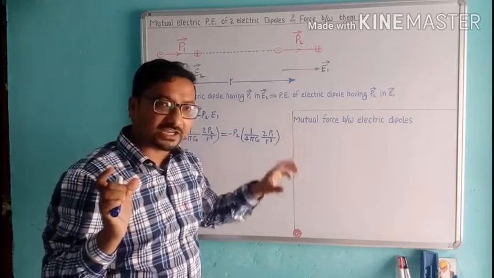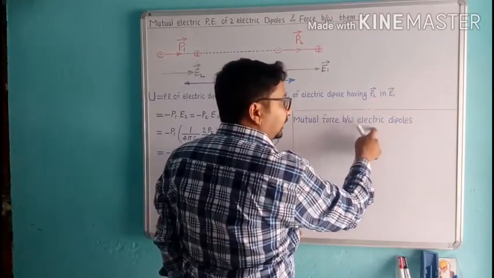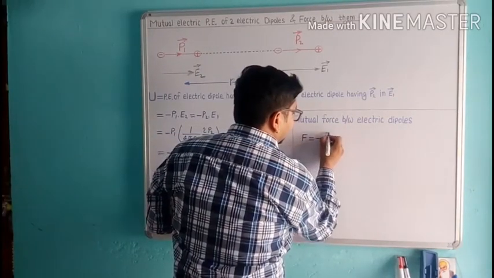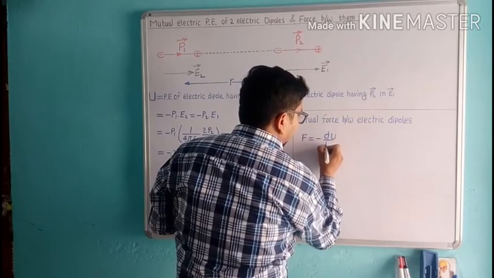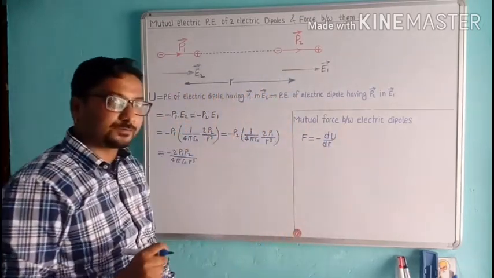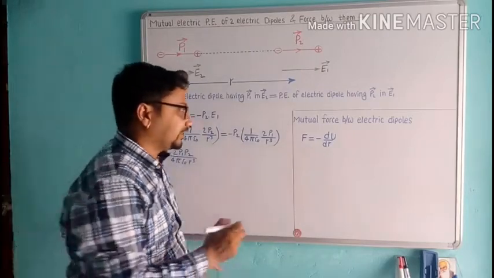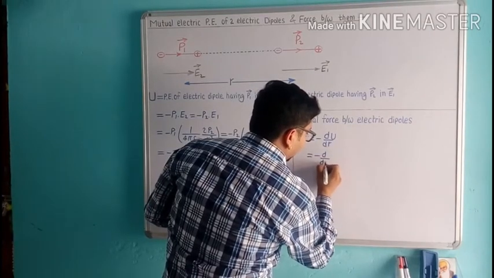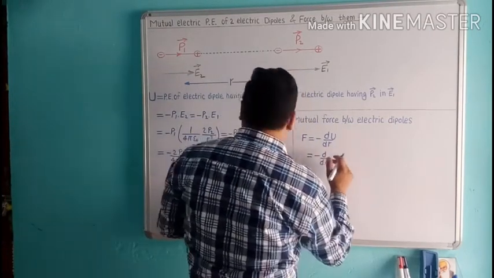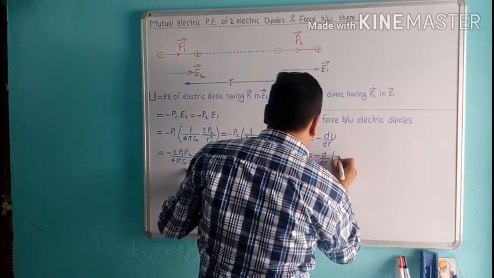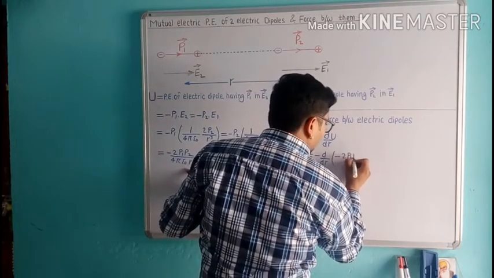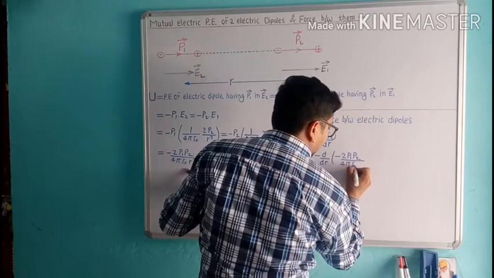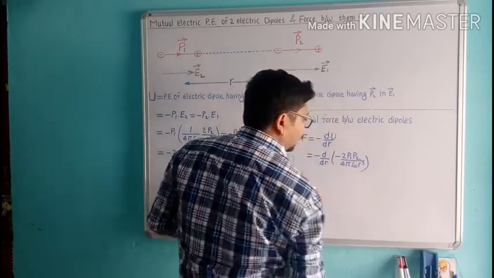Now the second part, mutual force between electric dipoles, which is equal to the negative differentiation of electric potential energy, mutual electric potential energy. Now put the value, differentiation of electric potential energy, we have minus 2 P1 P2 upon 4 pi epsilon naught R cube.